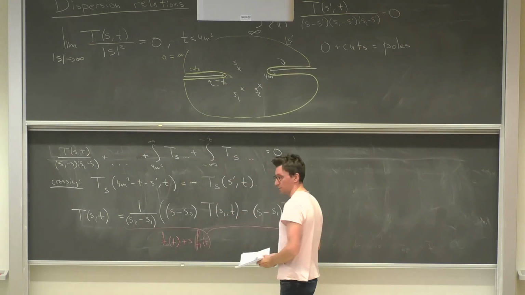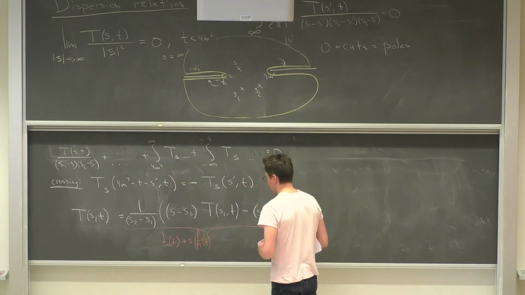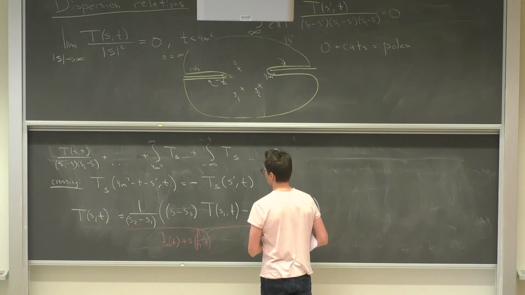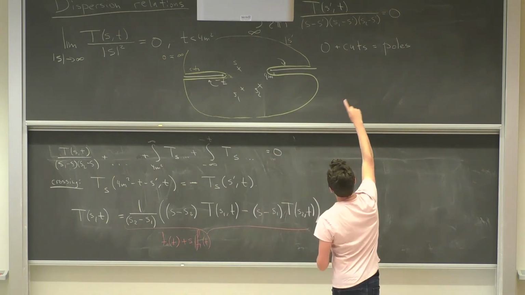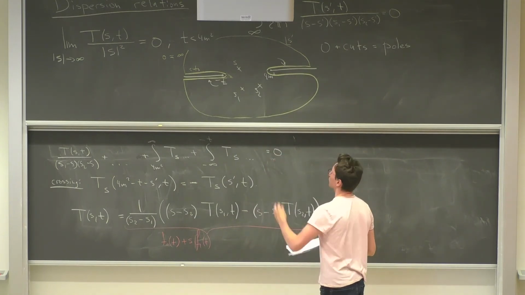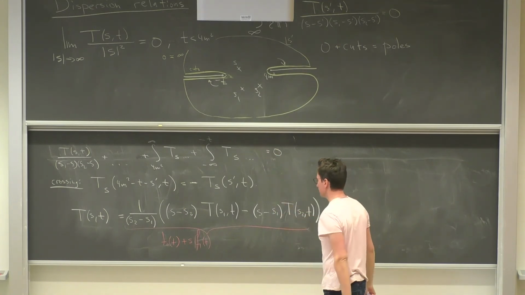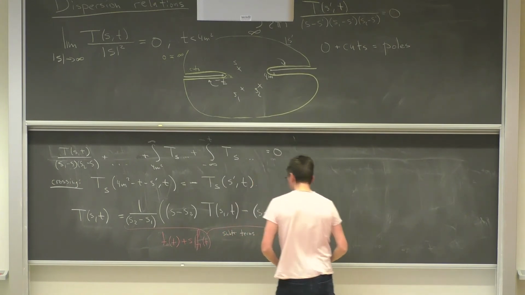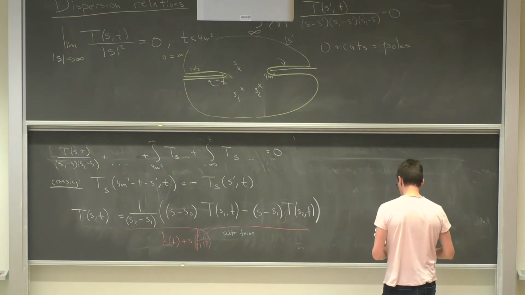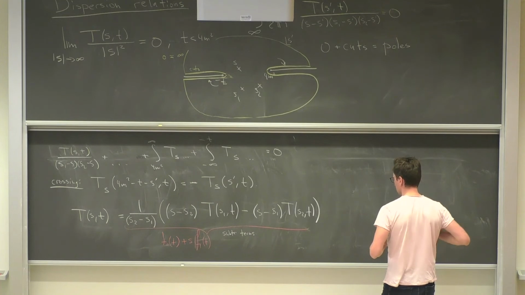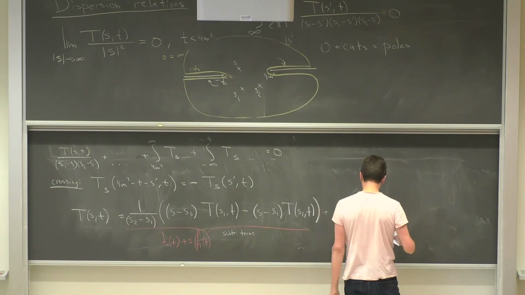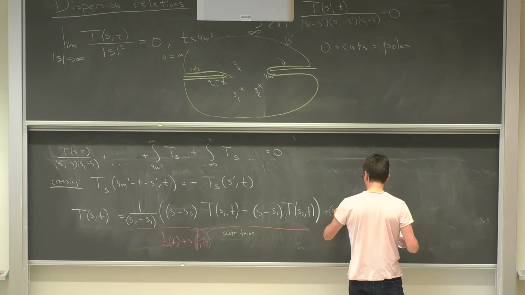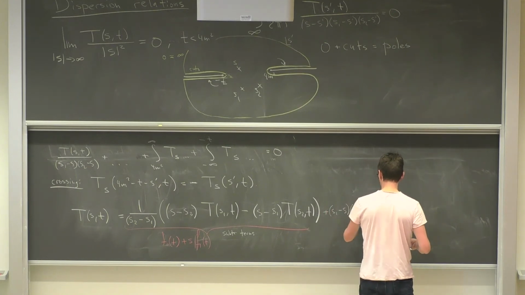So these terms, which are polynomial in s, are called subtraction terms. So we get them because we have to add these two factors to cancel this growth at infinity. So anyhow, these are subtraction terms. And then we have the last contribution, which is s1 minus s, s2 minus s.